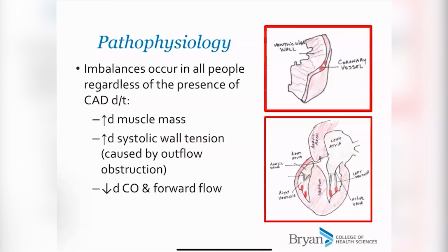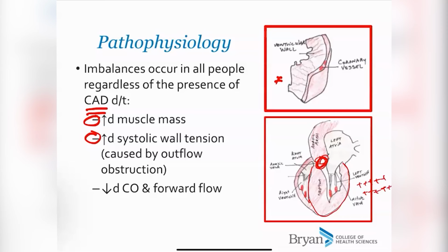So imbalances in myocardial oxygen supply and demand occur in all people, regardless of the presence of coronary artery disease. Again, because of that increase in muscle mass. It is also because we have an increase in our systolic wall tension. So if this left ventricle has to accommodate this obstruction to outflow, it's going to increase the pressure during systole in order to accommodate that and contract against that obstruction.